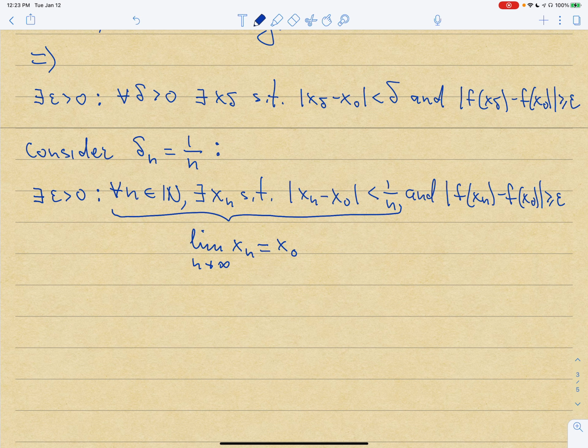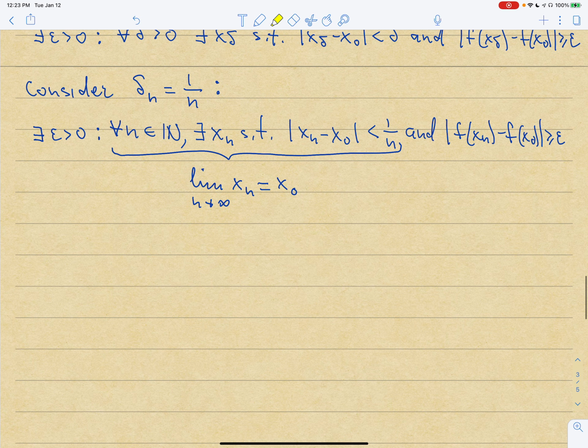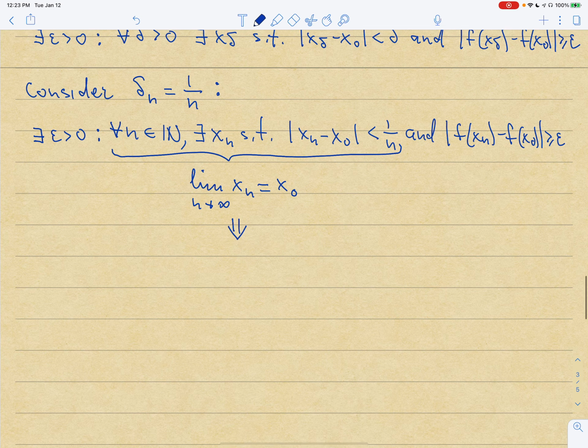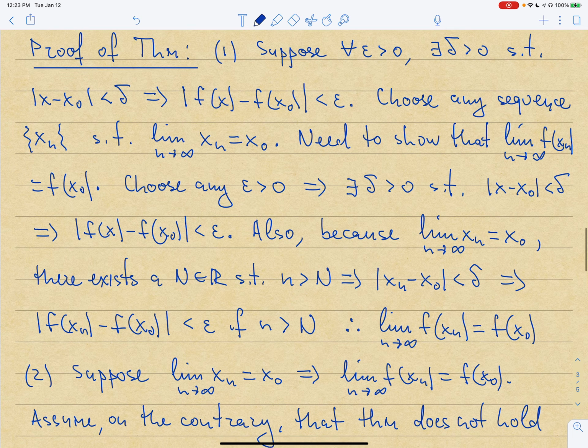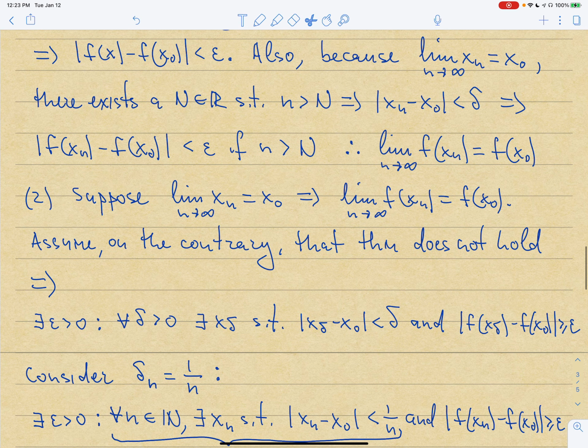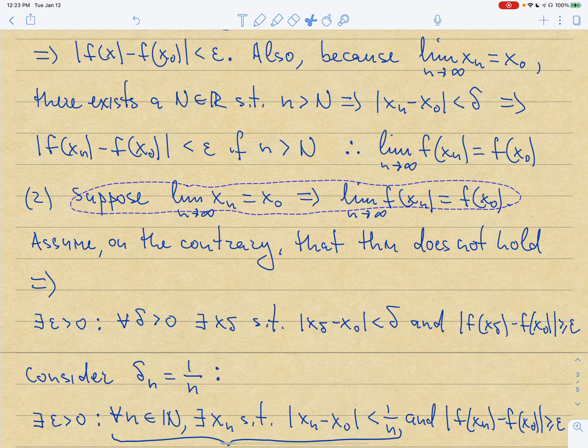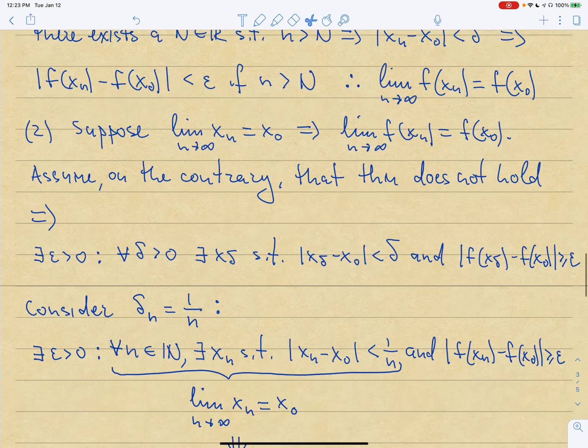All right, and then because of that, what I can conclude, because I assume that my function is continuous, right? So the function is continuous, and the definition of continuity at x0 says that as long as xn goes to x0, then the limit of f of xn must be f of x0, right?